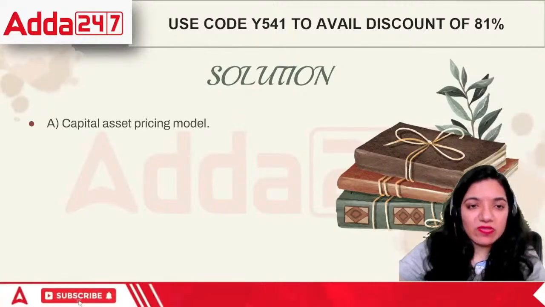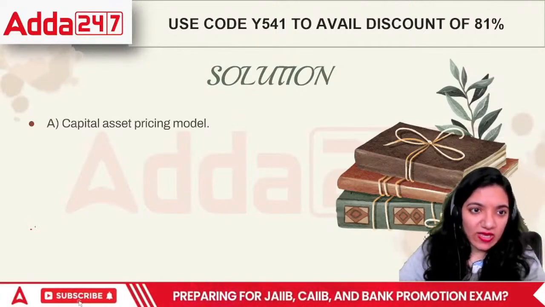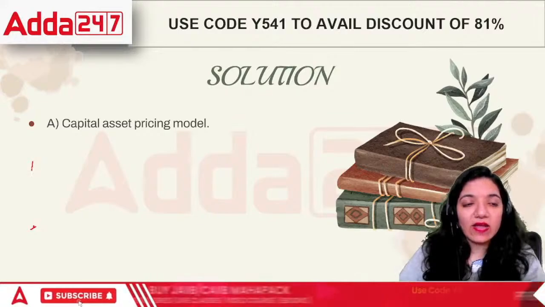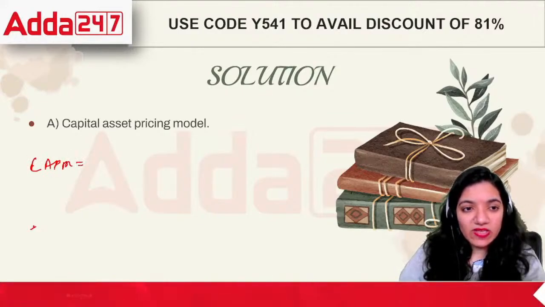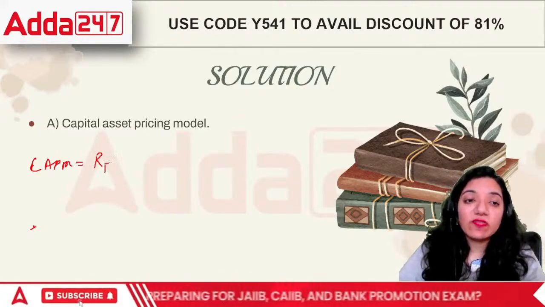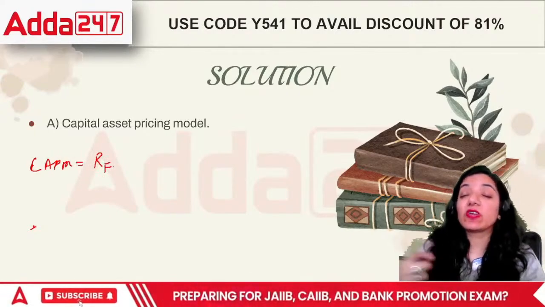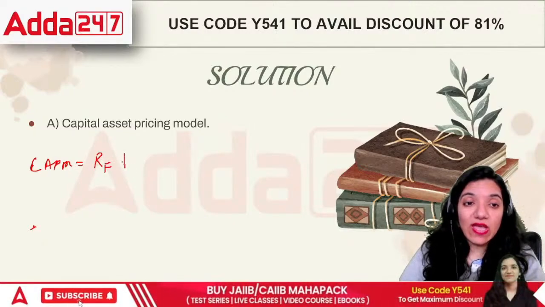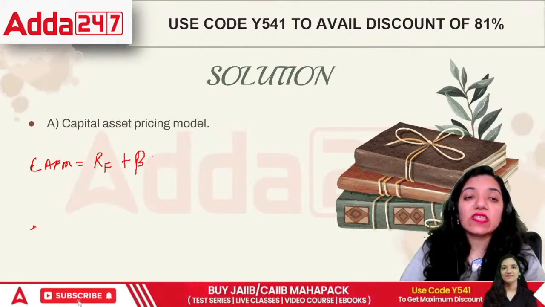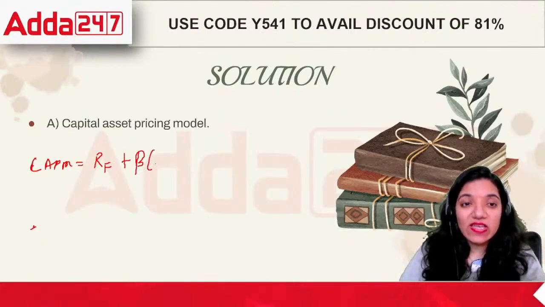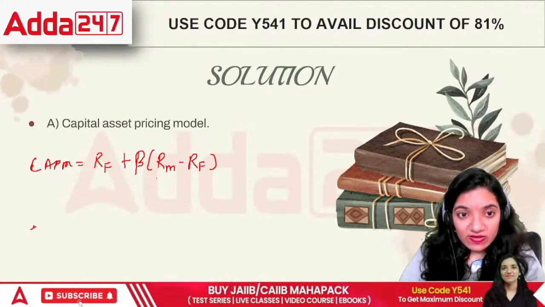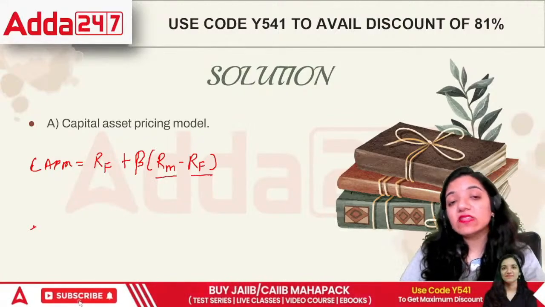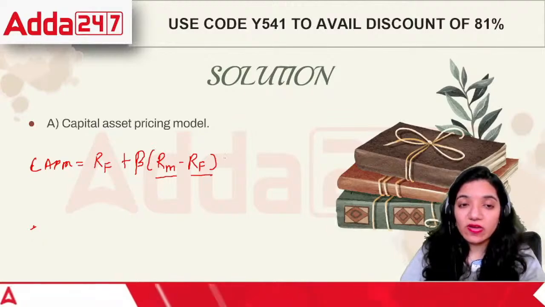the capital asset pricing model, and the formula is R under CAPM. The formula is basically whatever the risk-free rate of return is of that particular security that we're talking about. We add beta there. Beta is the sensitivity, and then we take RM minus RF, that is the return of the market minus the risk-free rate of return.